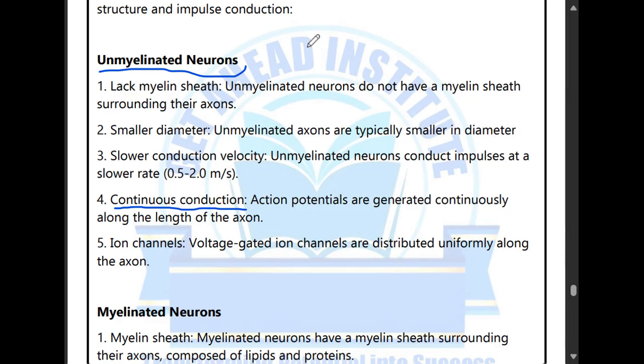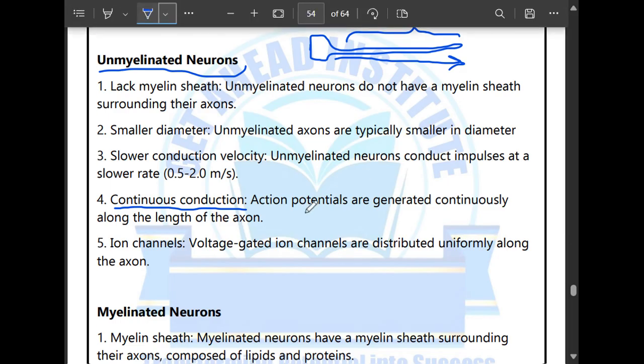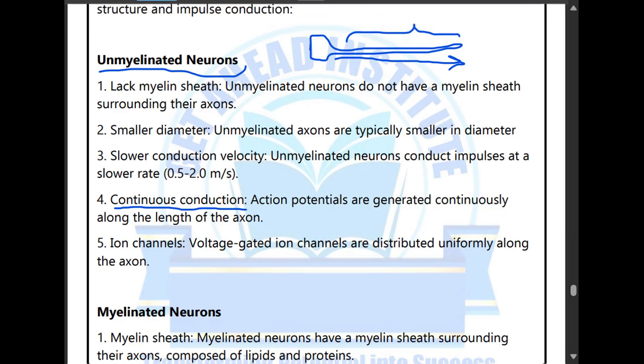In this rough illustration, since this axon doesn't have a myelin sheath, the impulse will have to move all the way along it to reach where it is going. With ion channels, the voltage gated ion channels are distributed uniformly along the axon.